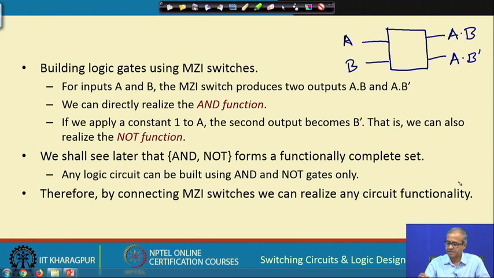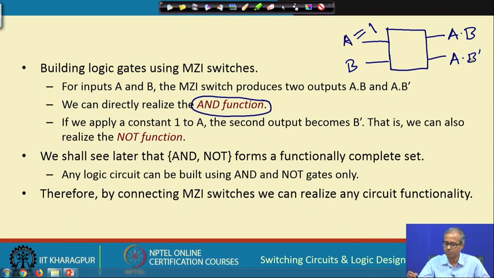Now, let us see, on the first output when A and B are applied, we get A and B, that means we can implement the AND function. Let us also assume that I apply a constant 1 on the input A, that means there is a constant light here. Then what will be the output? The first one will be B and the second one, this A is 1.